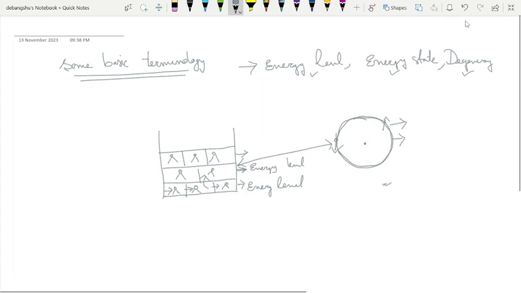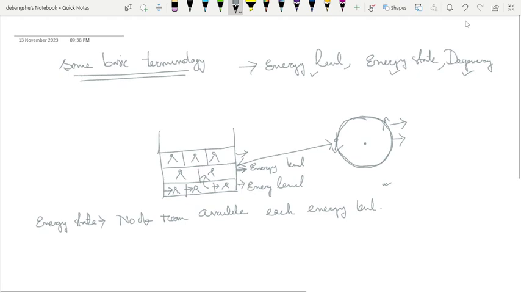So now came to the energy state part. Energy level: I hope you get the idea of what energy level actually is. Now energy state. What is the energy state? Energy state is the number of rooms available in each energy level. So in how many ways can a particle be present in each energy level?